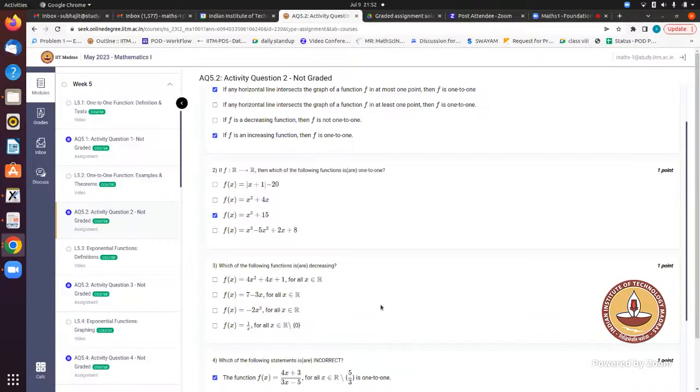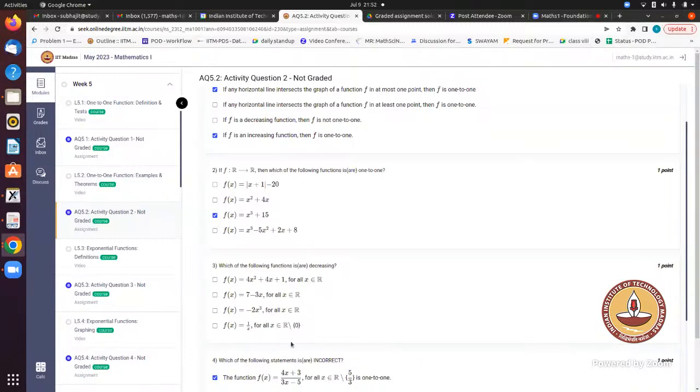I have a doubt that since this is a decreasing function, are we taking only the positive real numbers or the entire real numbers? No. Entire real number set in its domain. Here it is written, for all x.